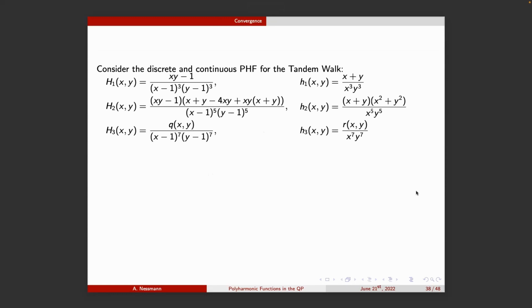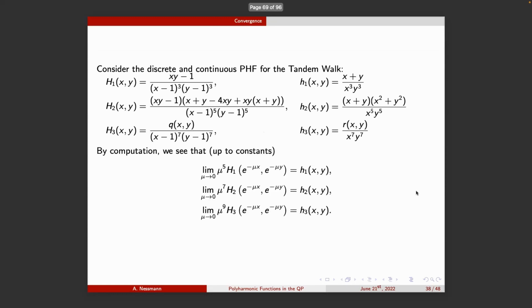The polynomials just get a bit long, so I've not written them out. If one takes the corresponding limits, and again there are some multiplicative constants which I left out, one sees the convergence with the scaling factor. We plug in this exponential here, and then we have this convergence.